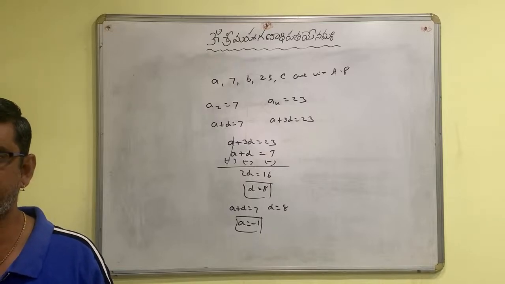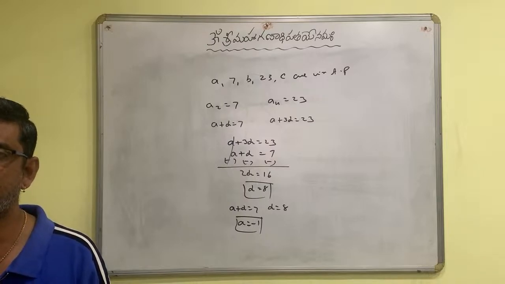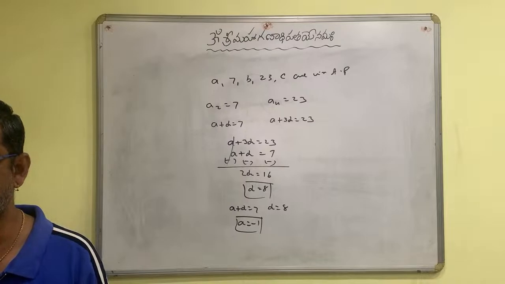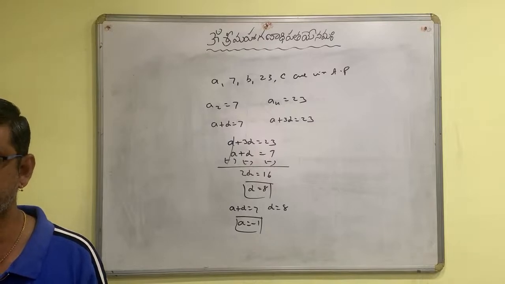B is 15. C is 31. 23 plus 8, 31. Correct.